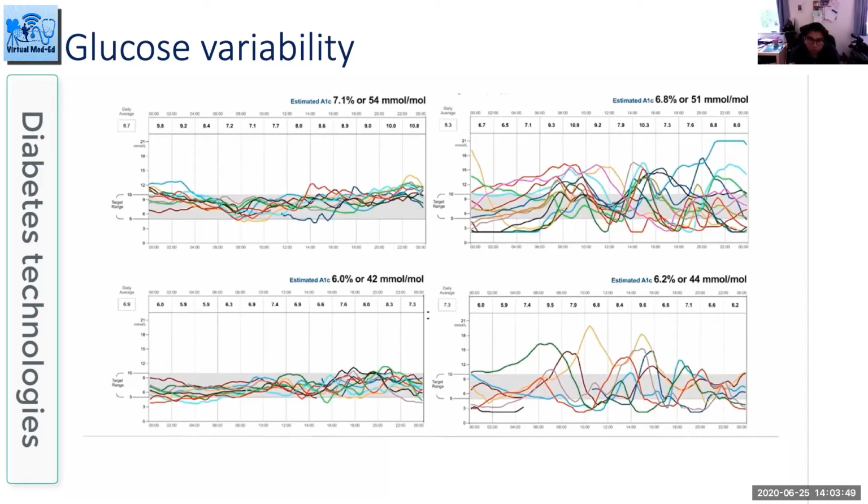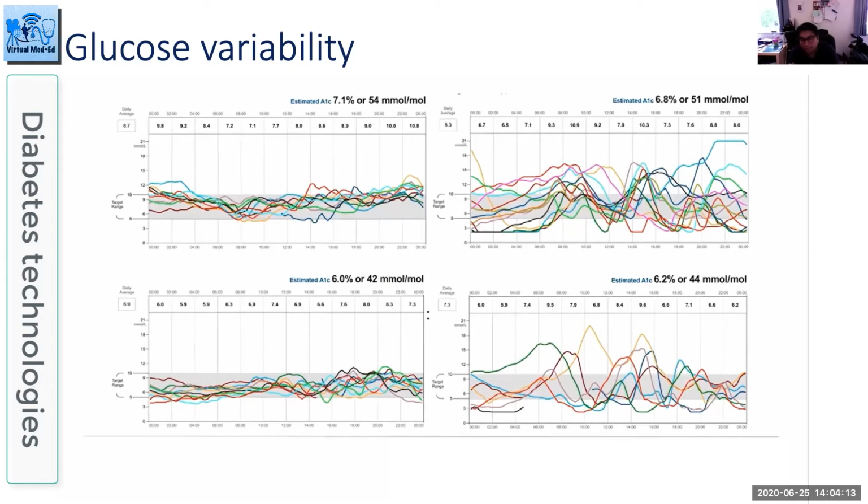The bottom 2 graphs illustrate the fact that if you get someone with a very low HbA1c, the first thing you need to be suspicious of is whether they are having lots of hypos. If you look at the bottom left-hand corner, yes, very low HbA1c, but very narrow glucose variability. If at all, there's a slightly increased preponderance to hypoglycemia overnight or in the early hours of the morning, but not too bad.